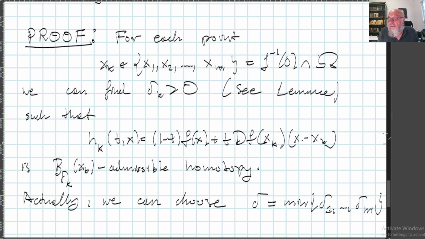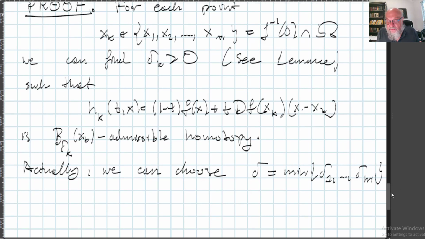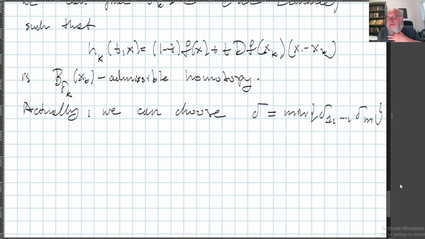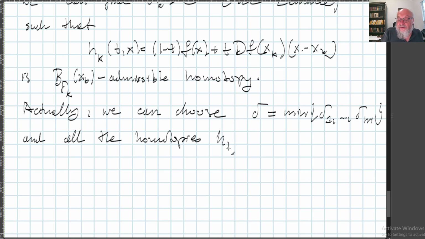So we choose delta equal like this. And all the homotopies h_k(t, x) on B delta of xk are admissible for all k.